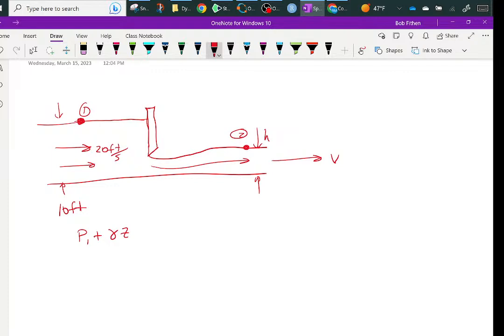Now, it kind of depends on the way you look at this, because a civil engineer would divide by gamma. A mechanical engineer, which is who I am, is not going to divide by gamma.